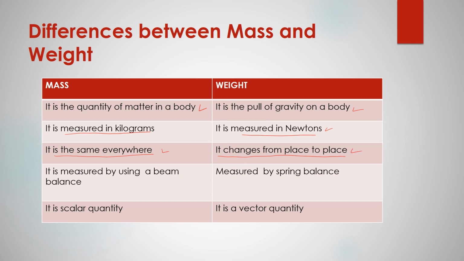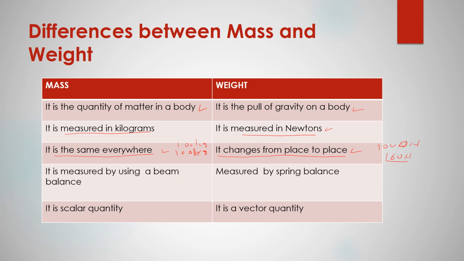For example, if the weight of an object on the surface of the earth is 1000 Newton, on the moon it will be 160 Newton. A lot of difference is there. But if the mass of the object is 100 kilogram on the earth, it is also 100 kilogram on the moon. Mass doesn't change.